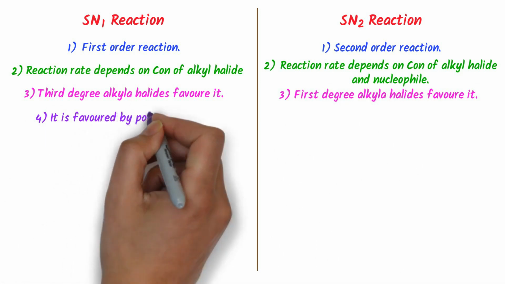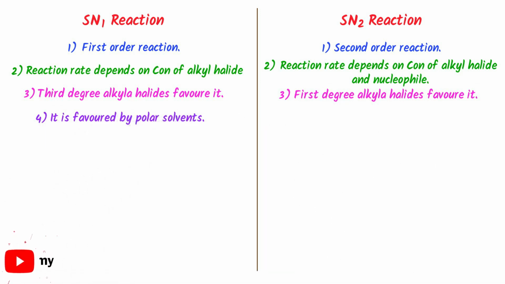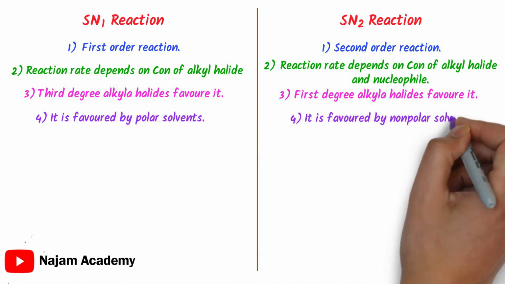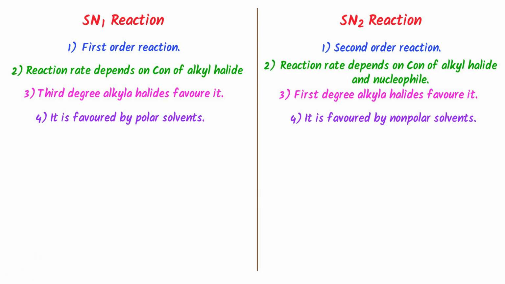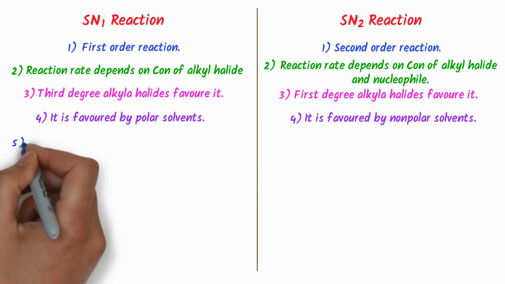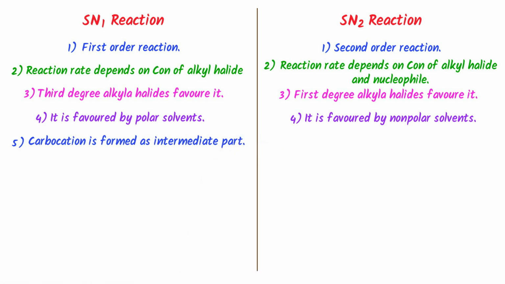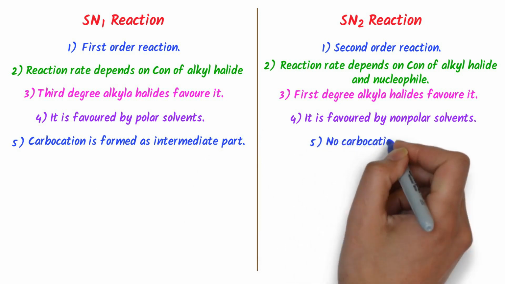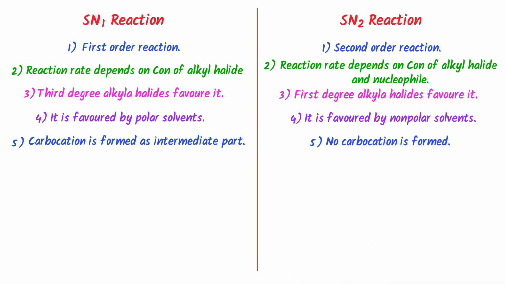Fourthly, SN1 is favored by polar solvents, while SN2 reaction is favored by non-polar solvents. Fifthly, in SN1 reactions, a carbocation is formed as an intermediate part of the reaction, while in SN2 reactions, no carbocation is formed.